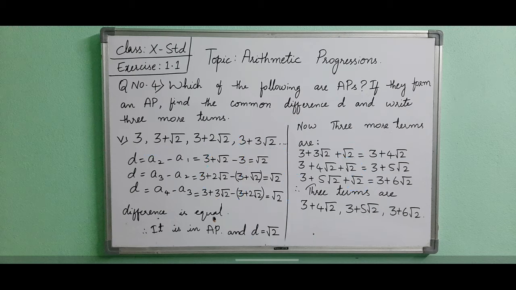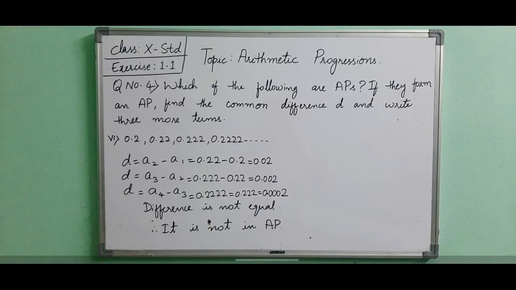Now we will go for the sixth question. If you see the sixth question here, the numbers are 0.2, 0.22, 0.222 and the last 0.2222. We'll see the subtraction. Subtract second and first, you get 0.02, and then third and second, 0.002.